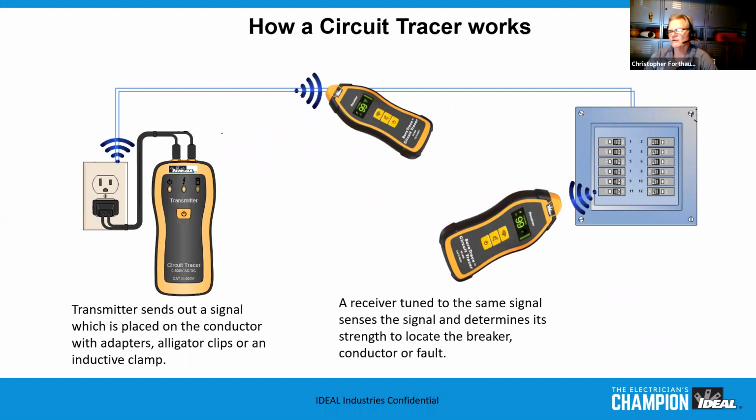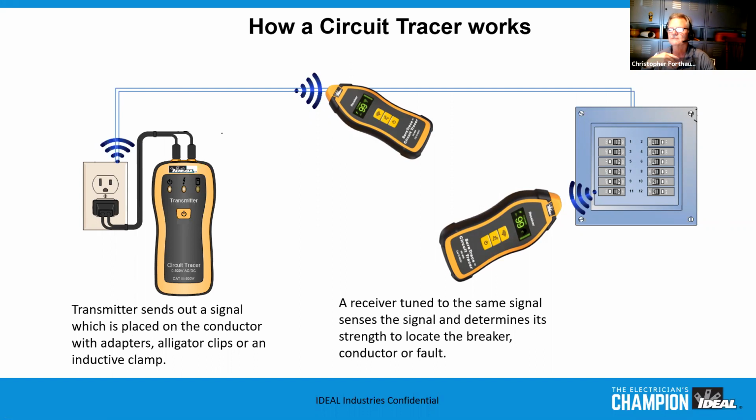So how does a circuit tracer work? Well, basically there's a transmitter, which is over here, and it sends out the signal, which is placed on a conductor with adapters, alligator clips, or an inductive clamp, and it sends that signal down the line. And then you have a receiver, and that receiver is tuned to that same signal.